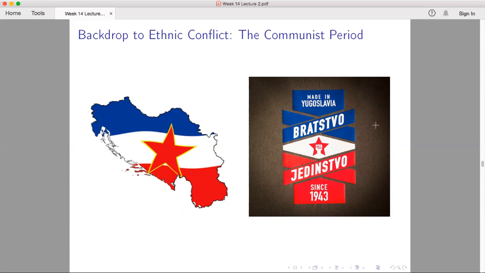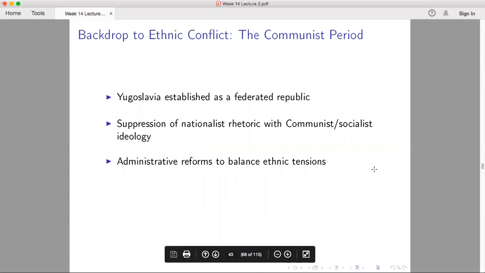So he actually gives a speech at some point in which he says, you know, we're not Serbians, we're not Croats, we're not Macedonians, we are Yugoslavians, right? And so he tries to promote this idea of unity.